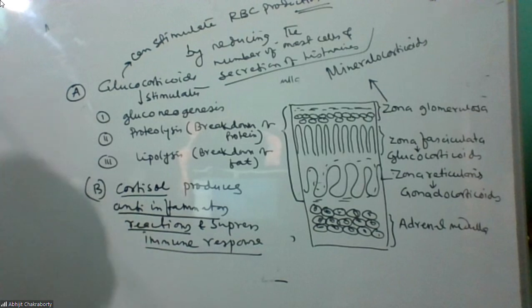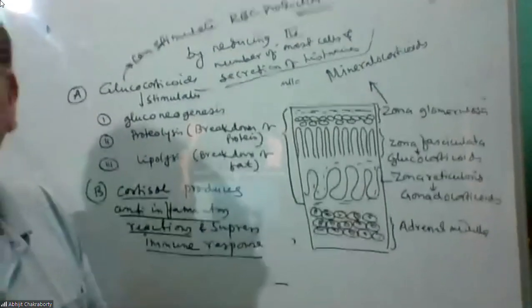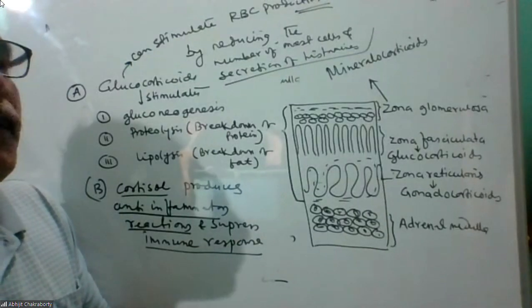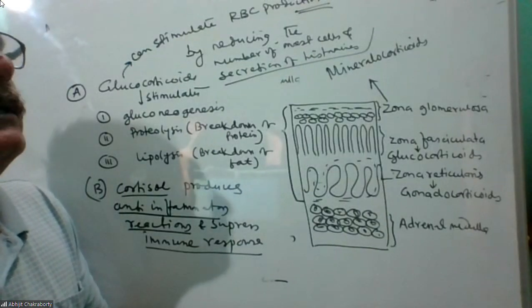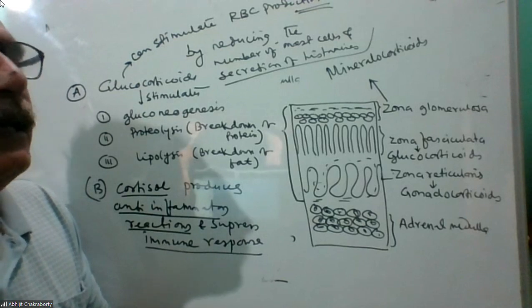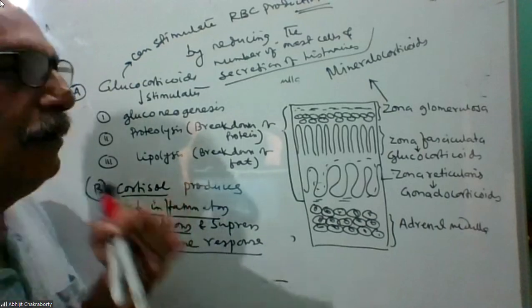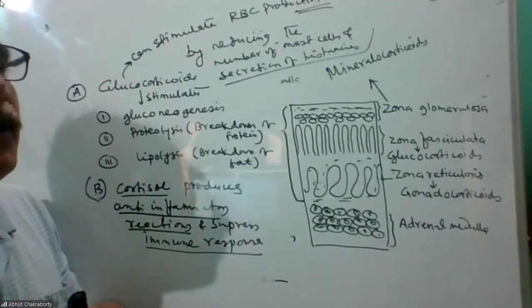But the mineralocorticoid, on the other hand, is mainly aldosterone. It helps in maintaining electrolyte balance in the body. So it helps in increased absorption of sodium ion and water, and it increases the secretion of potassium ion and phosphate ion. Remember this thing.